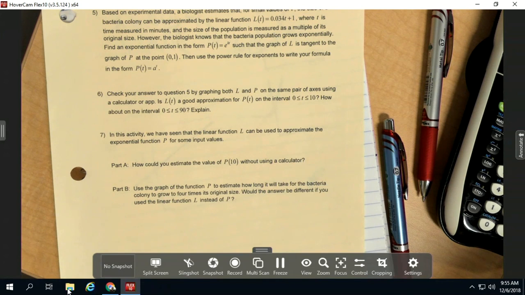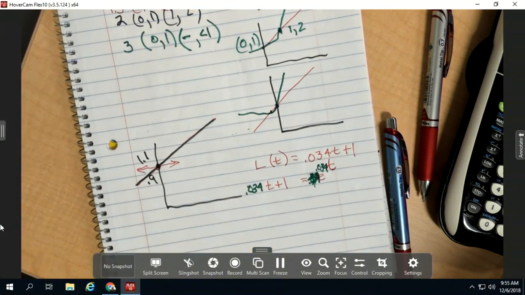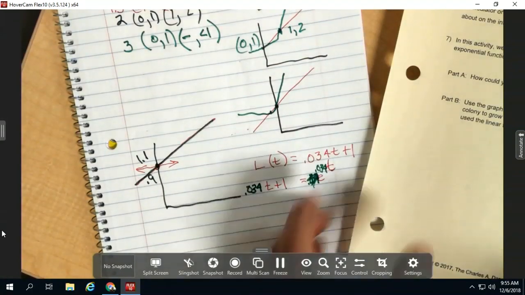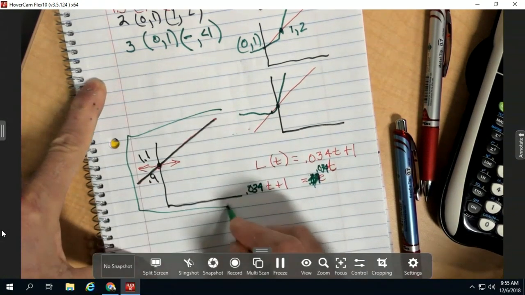How would we do the math? Well, yeah, it comes out to 0.0346, something like that. Linear approximations of exponential functions is what they're showing in this picture right here.